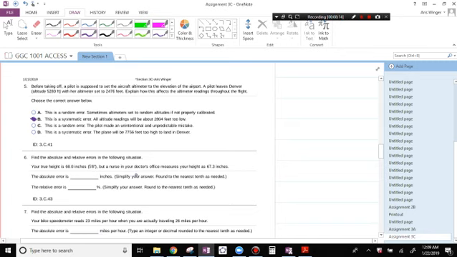Before taking off, a pilot is supposed to set the aircraft altimeter to the elevation, right? So this is a problem with the system in that there need to be checks to make sure that the pilot is setting the altimeter to the right elevation of where they're going.